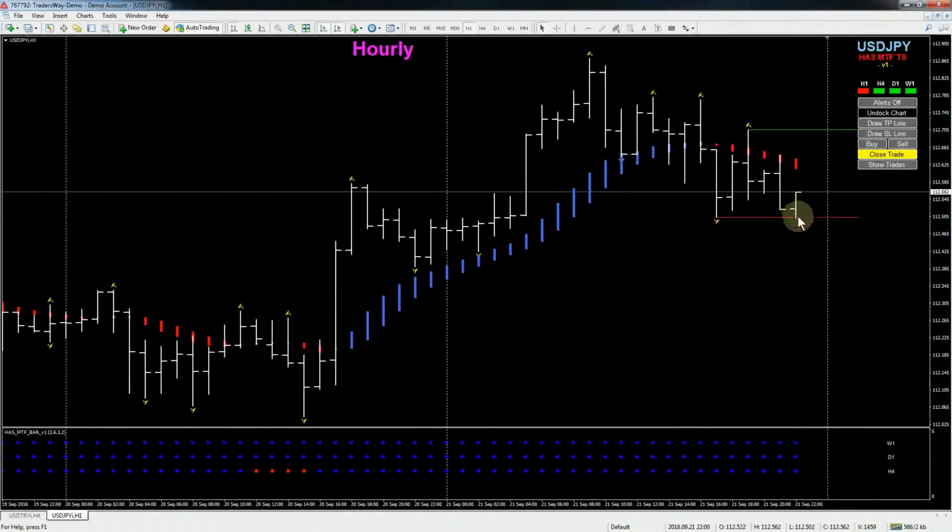So if we broke out to the short side right now, we would not take this trade because these are going the wrong way. But if we got these turned off and got the Hass turned off and just use the breakout lines, if we go through here by 2 pips, we would enter a short regardless of what this is or what this is, because we're just using the breakout lines. So we would go short.